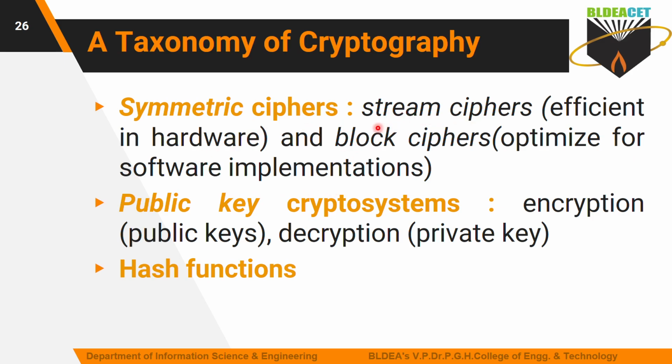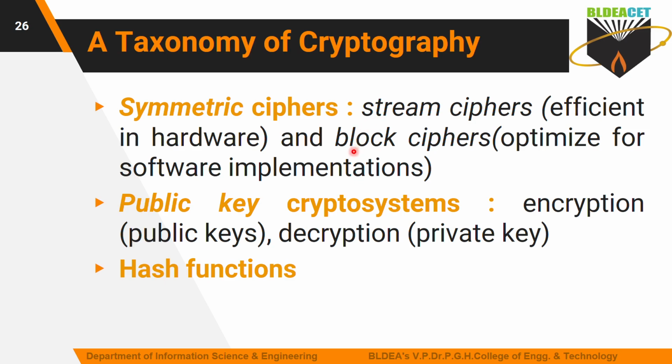First, I'll explain what stream ciphers mean. Stream ciphers are cryptographic or encryption techniques applied bitwise. Each bit is considered for converting the plain text to ciphertext. Bitwise, you are making the conversion from plain text to ciphertext.